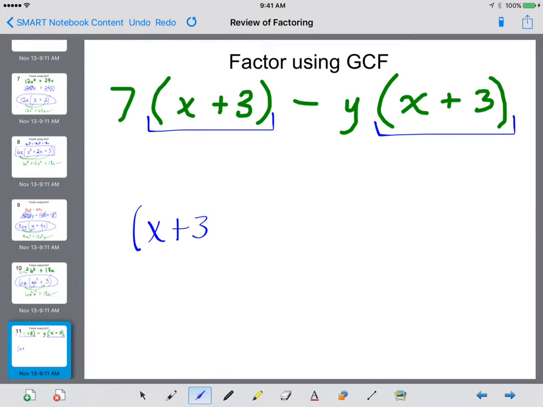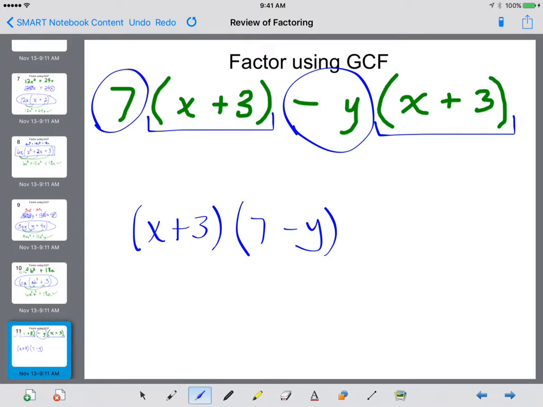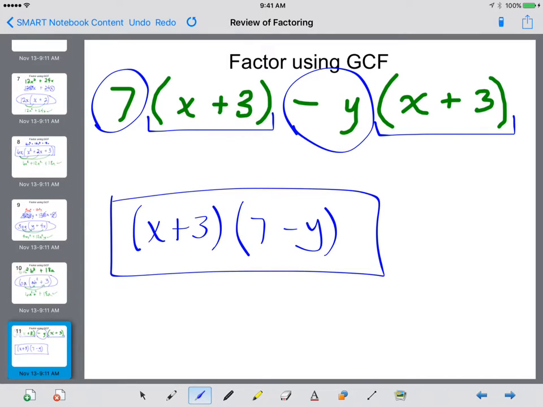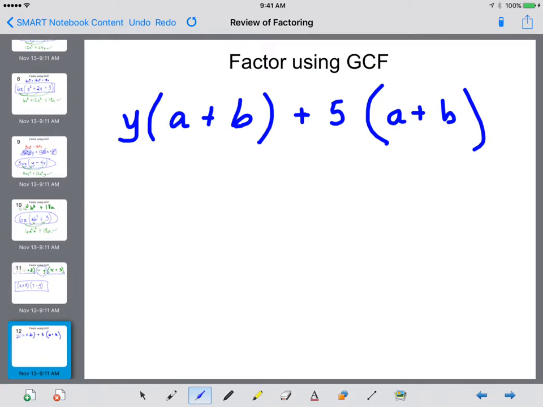So we'll start by rewriting x plus 3, and then I can put together these outside terms, and so my second set would be 7 minus y. And if we FOIL that, it would look similar to if I were to distribute the top here.